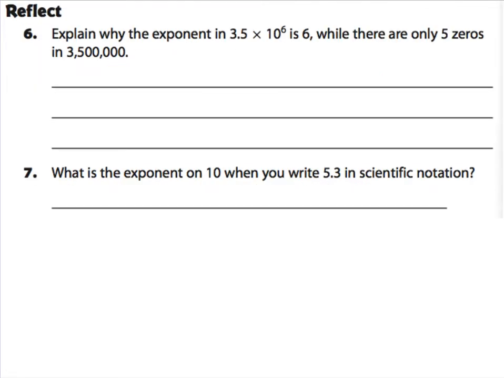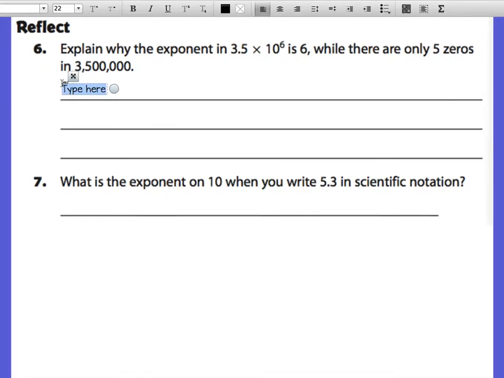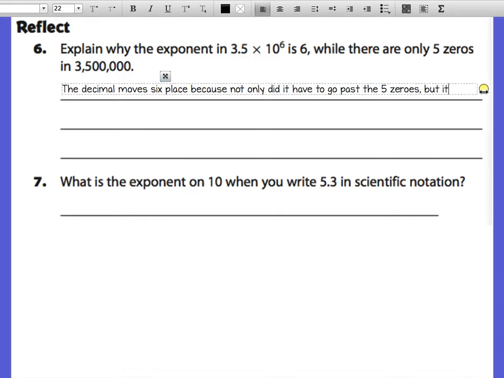All right, so for my answer here, I can put the decimal moves 6 places because not only did it have to go past the 5 zeros, but it also had to get past the 5 to make the number be between 1 and 10.